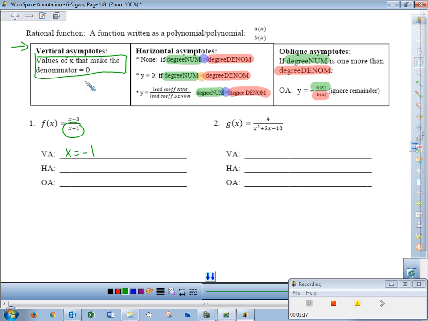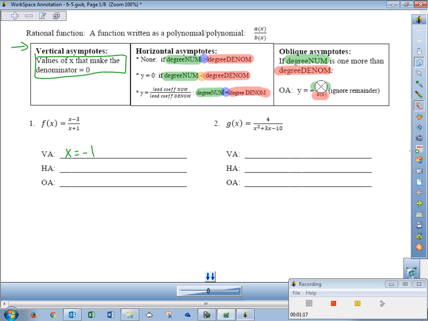Cool. Now it's brain time, and we have to see if there's any horizontal asymptotes. Sometimes there are horizontal asymptotes, sometimes there are not. So there's 3 things to look for. There will be no horizontal asymptotes if the degree of the numerator is greater than the degree of the denominator.